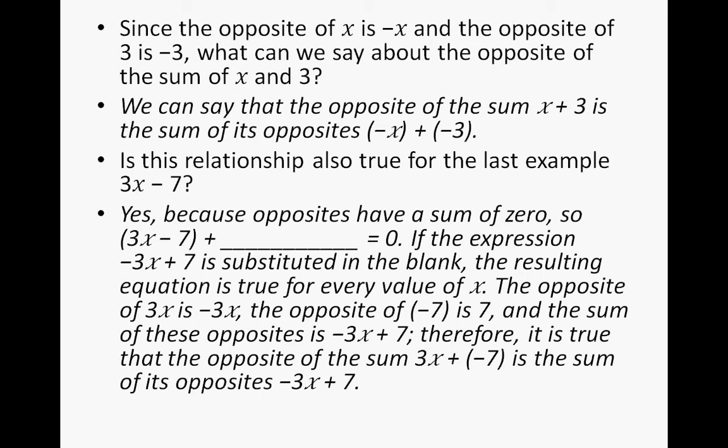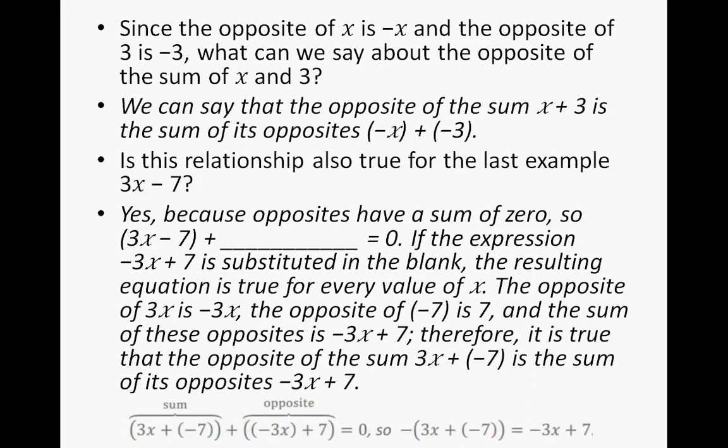And the sum of these opposites is negative 3x plus 7. Therefore, it is true that the opposite of the sum, 3x plus negative 7, is the sum of its opposites, negative 3x plus 7. And here we have the sum plus its opposite is equal to 0. So therefore, the opposite of the quantity of 3x plus negative 7 is equal to negative 3x plus 7.